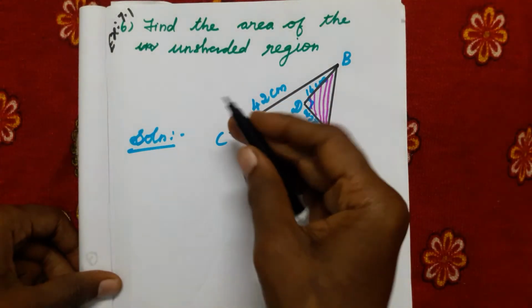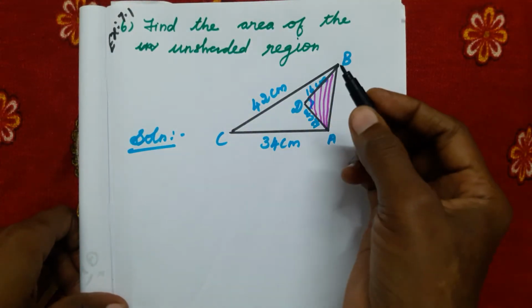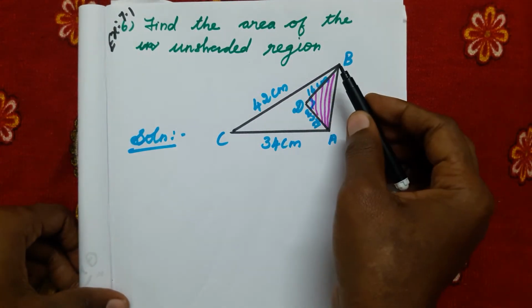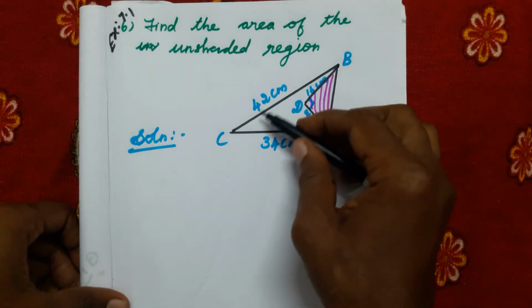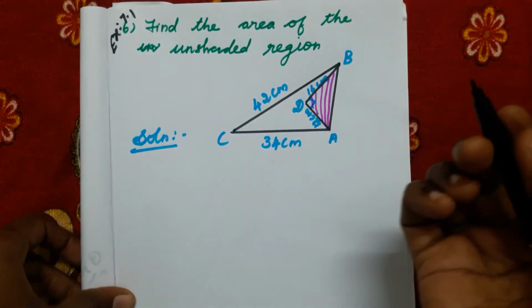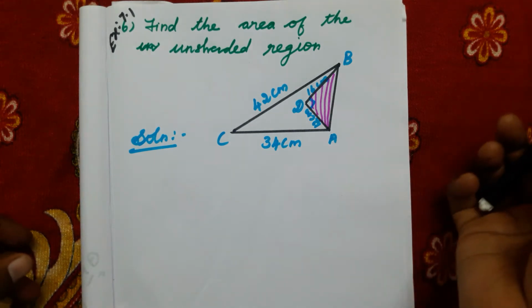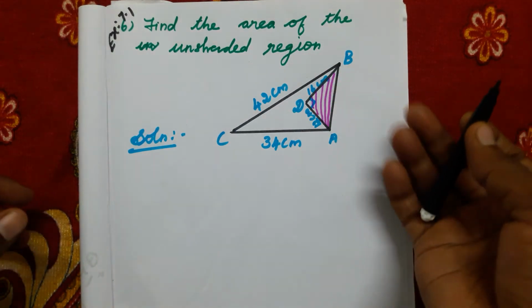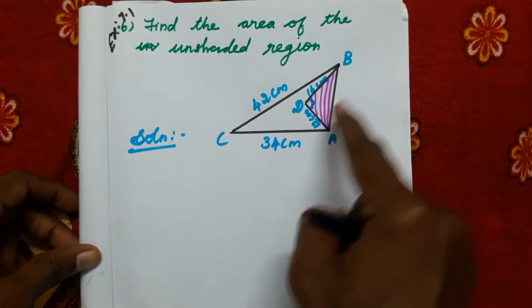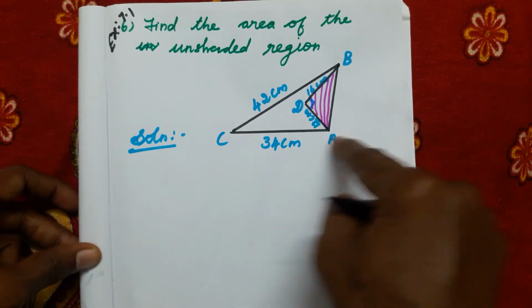Now I am going to explain exercise 7.1, sixth problem. Find the area of the unshaded region. We have to find this unshaded region. First, how can we find the area of the unshaded region? First we want to find the area of triangle ABC.